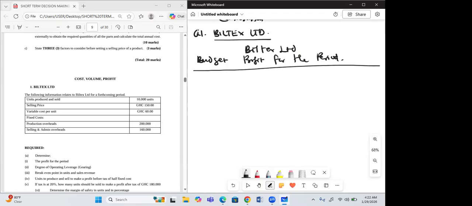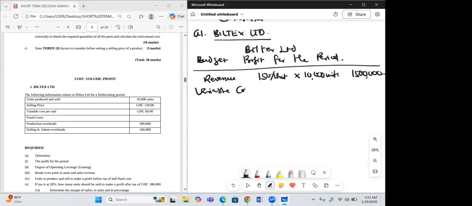So we have revenue. What's the selling price? 150 cedi per unit, by how many units? 10,000 units. Give me what? 1,500,000, right? Yes. Then variable cost.